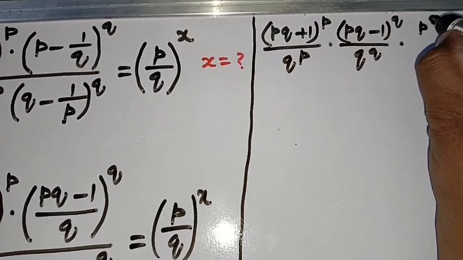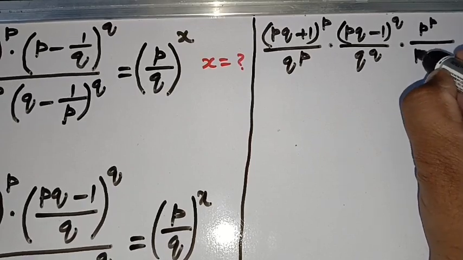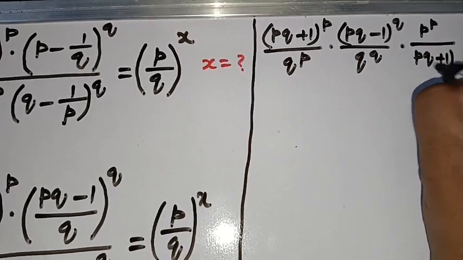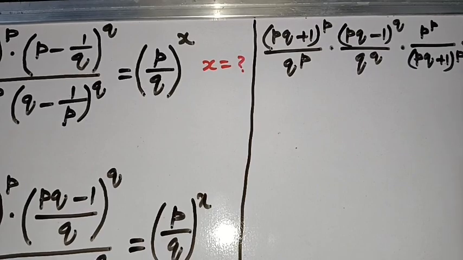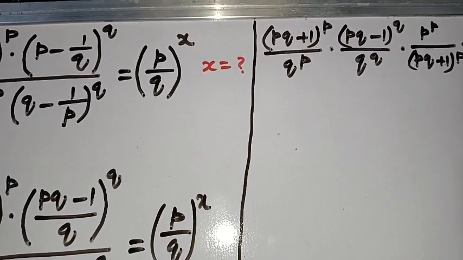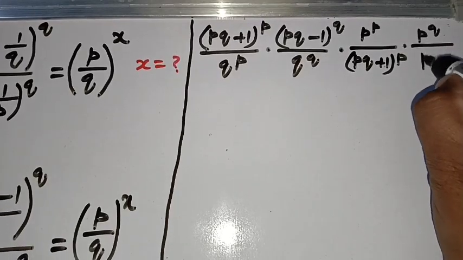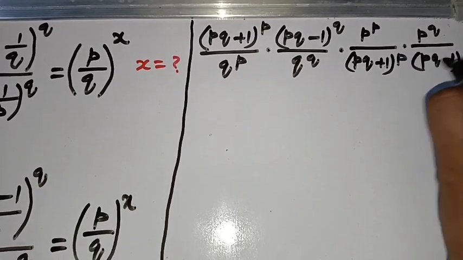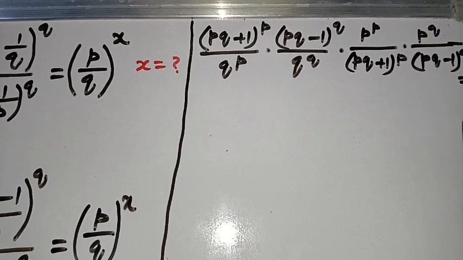So we have p^p by (pq + 1)^p times p^q divided by (pq - 1)^q is equal to (p/q)^x.